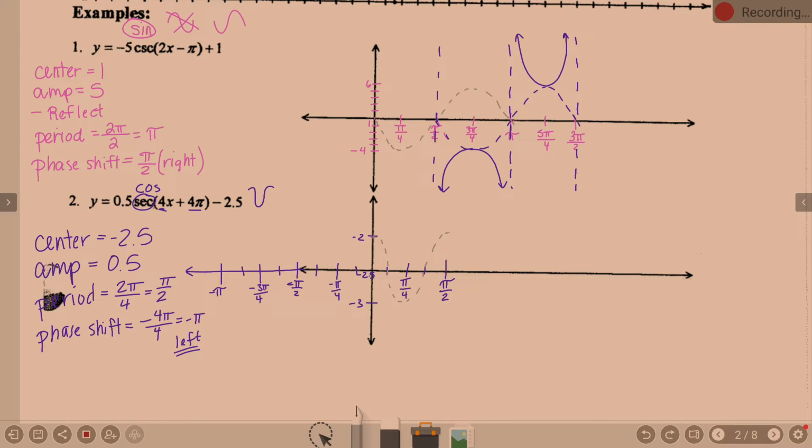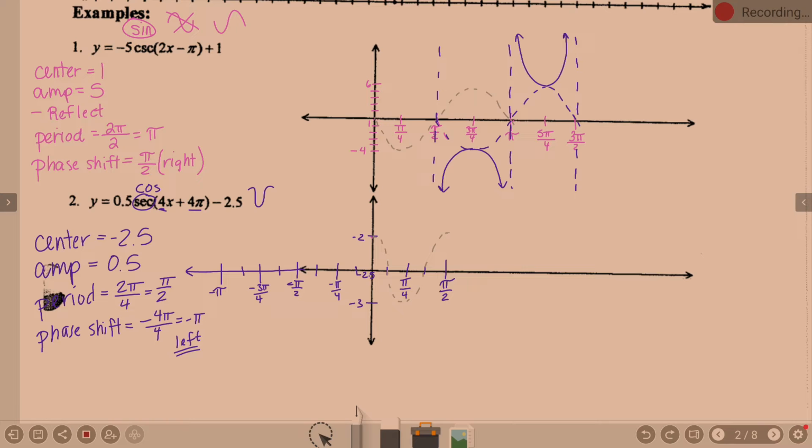Now, I'm going to take this original cosine curve, and I have to take this cosine curve and go where? Left pi. So, okay, here's what you need to be able to tell yourself. Where's my new cosine curve going to fit between? Between negative pi over 2 and negative pi?